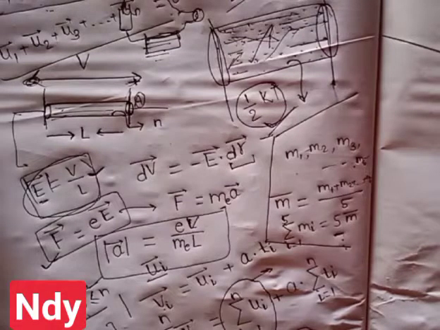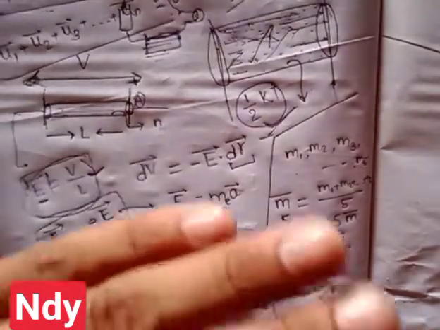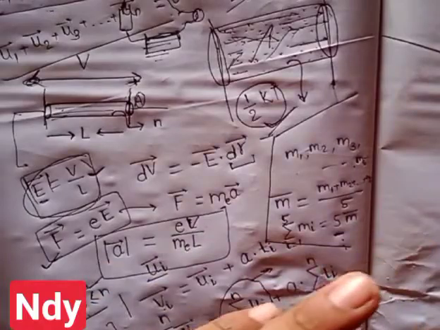This means each electron is moving with this definite velocity. They are not accelerated now. Their average velocity has been fixed.